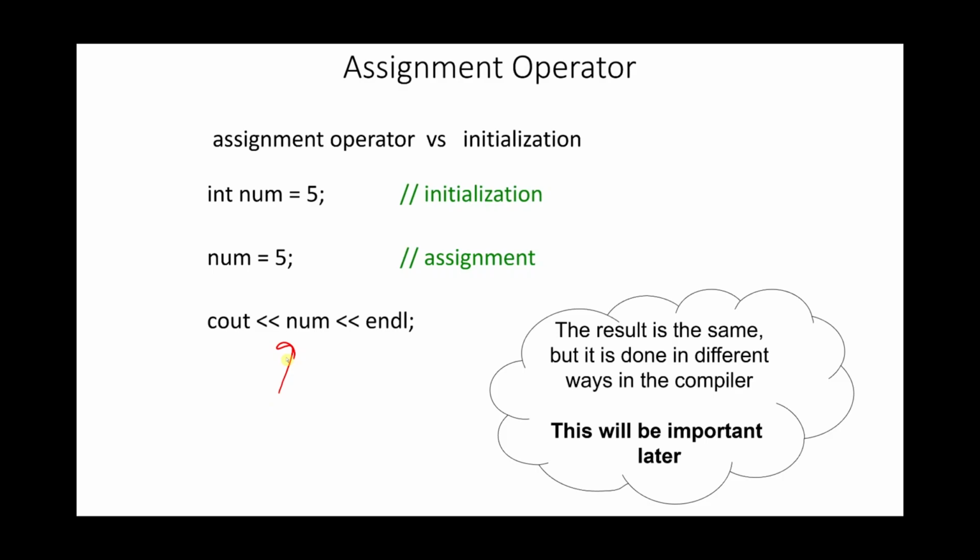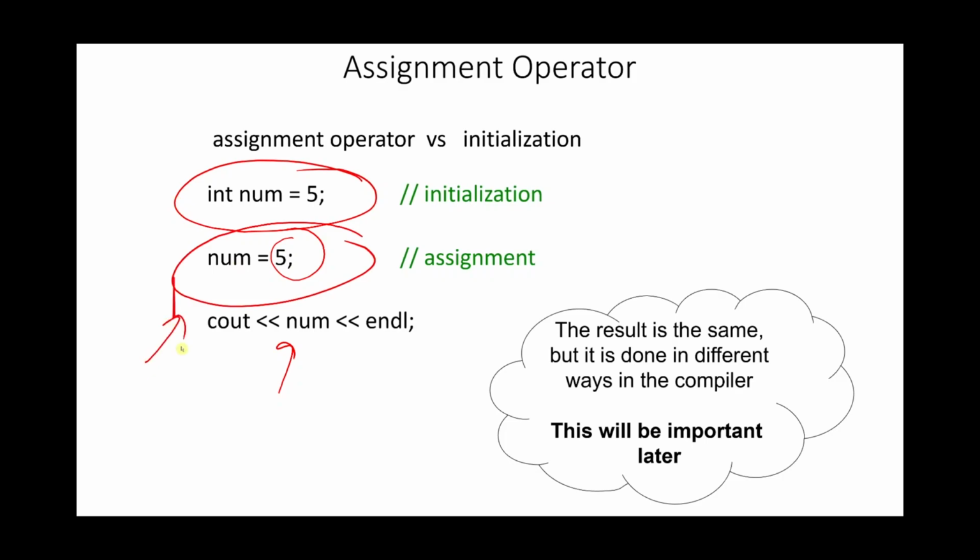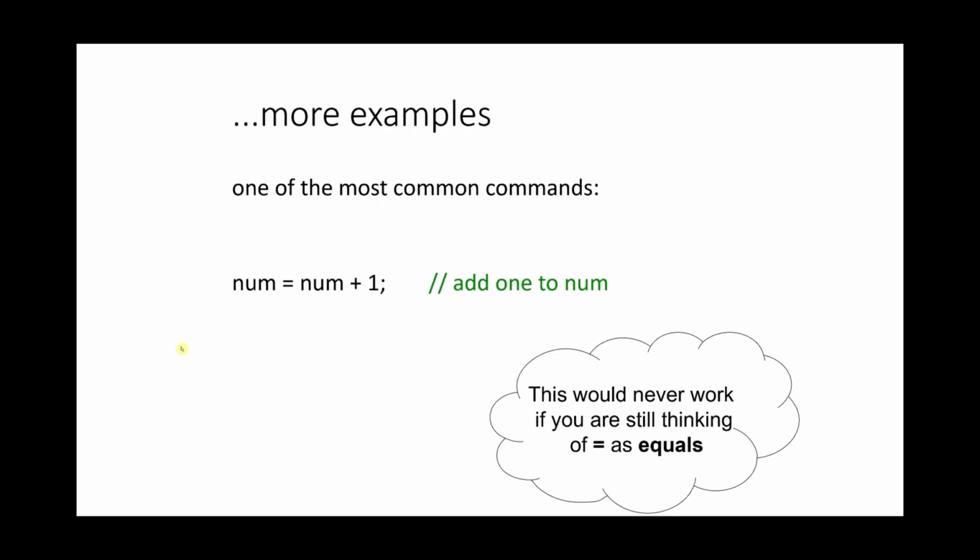Because you said int num equal 5, but then you overwrote the value in num with the value of 5. But actually, these are two different operations. The first operation was declaring and initialization. The second was overriding something that is already defined.